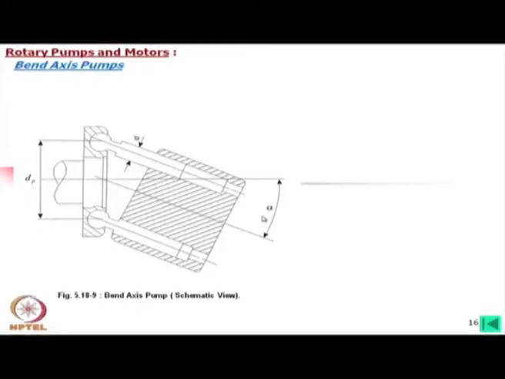However, this is expensive due to two reasons. One is that in a bent axis pump the shaft is rotating horizontally, so we have to make some arrangement so that it can rotate in these directions. We have to use some sort of universal joint here, that is one. The second is the valving problem, because this is moving on the valve plate.